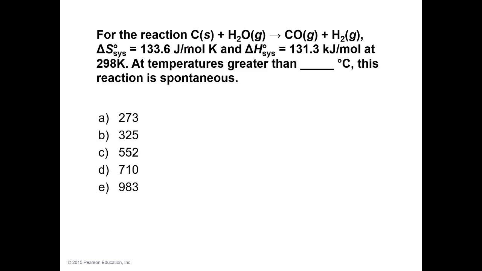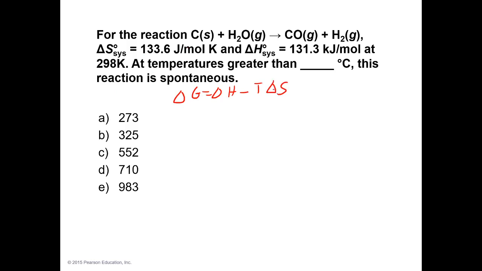So let's try one more. I want you to pause here and take this problem and try to calculate this. And if you're unsure of what to do, remember, think about delta G and how it relates to things being spontaneous. Okay, so what we need to do is calculate our delta G, because you need to know that to be able to figure out some information.